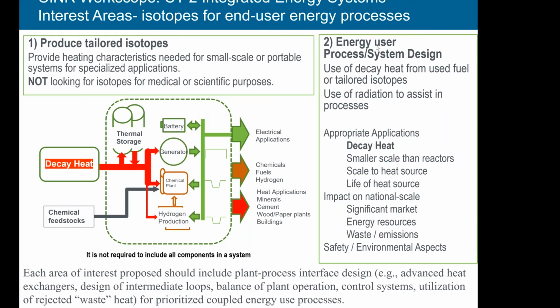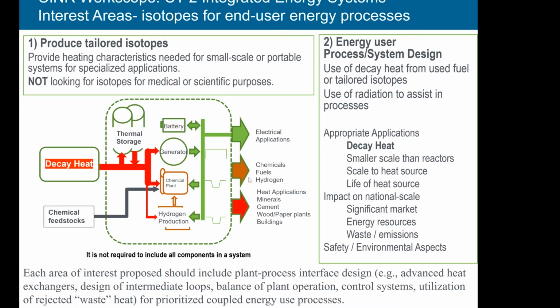On the energy user, the application side, we're looking at the process and system design. We want to use the decay heat from used fuel or tailored isotopes, and look at the use of radiation to assist in processes.